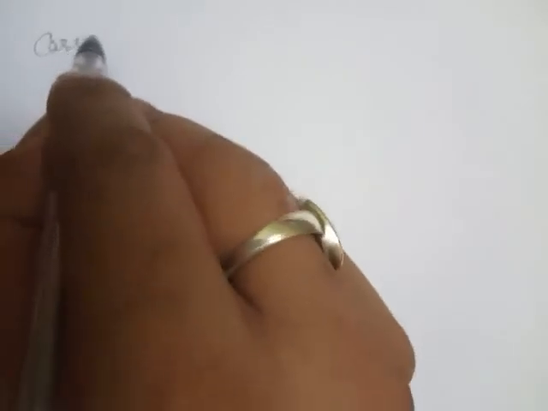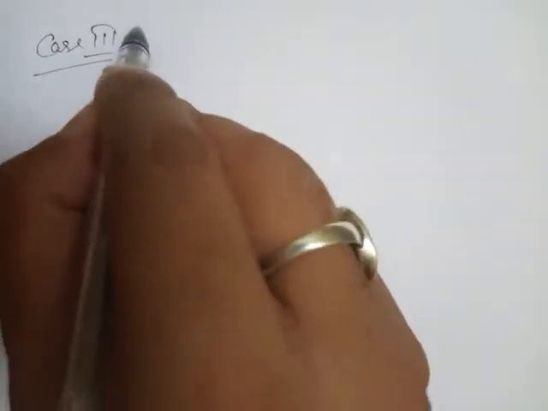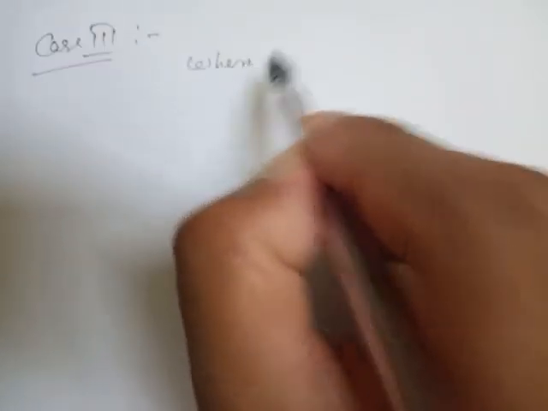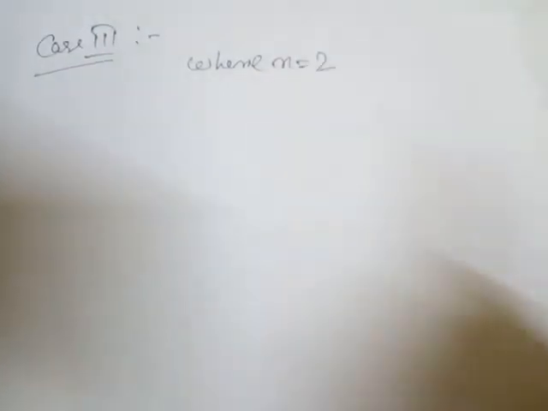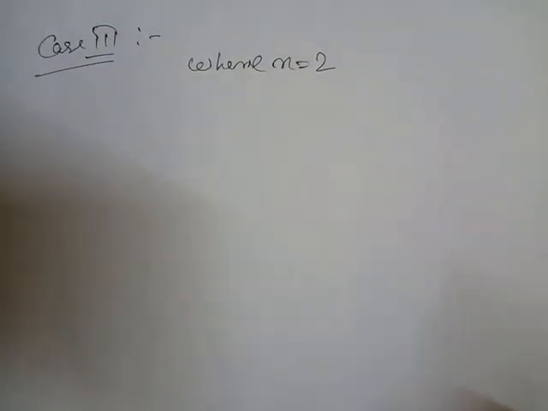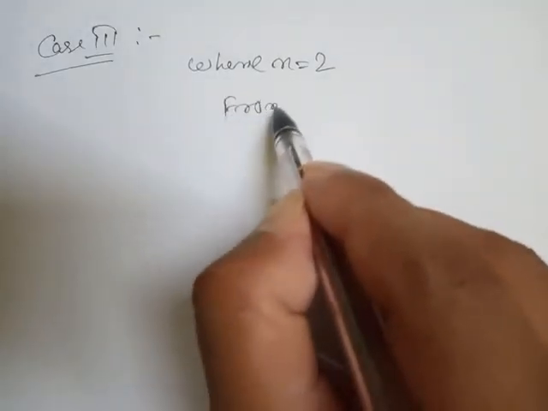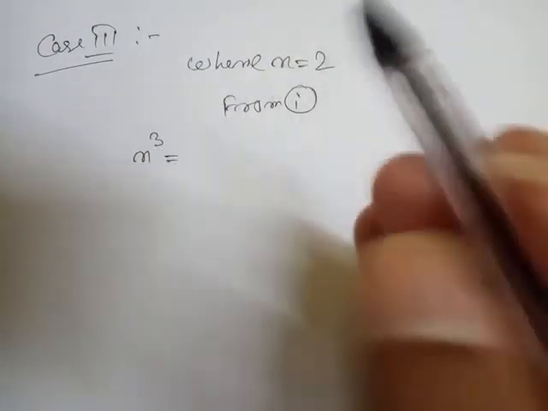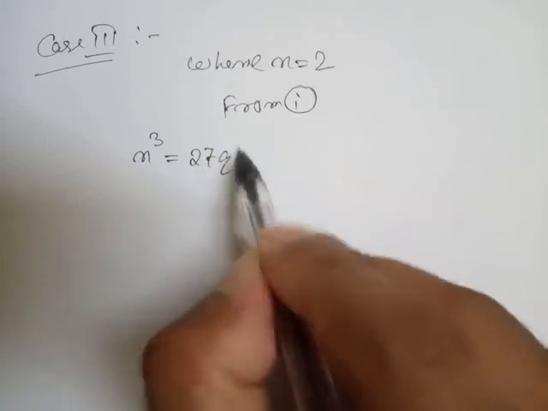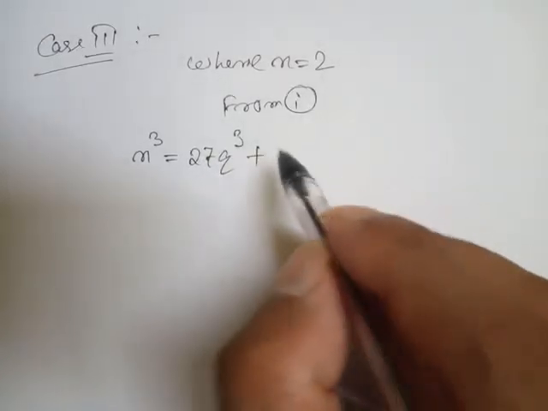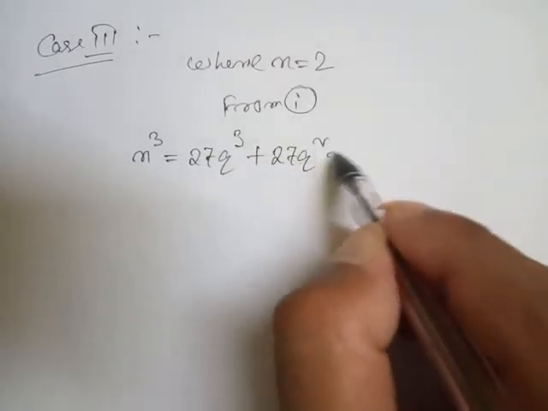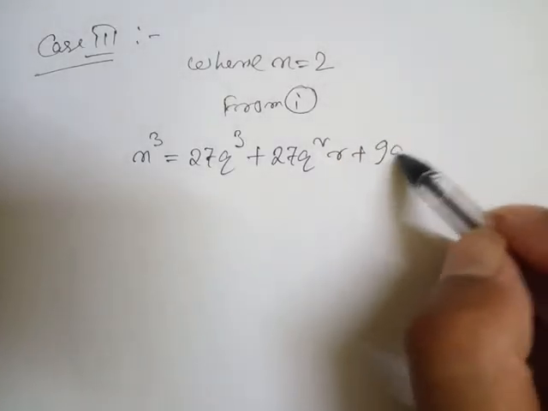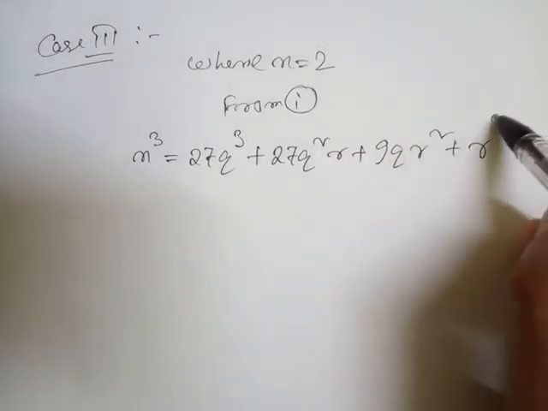Now look, case 3. Look here now, where r equal to 2, then from 1, n cube equal to 27q cube plus 27q square r, then 9q r square, then r cube.